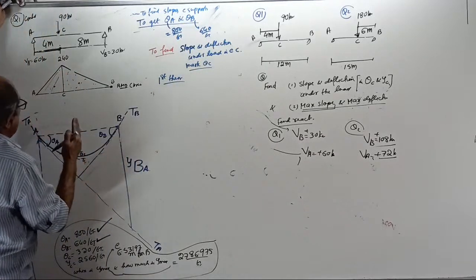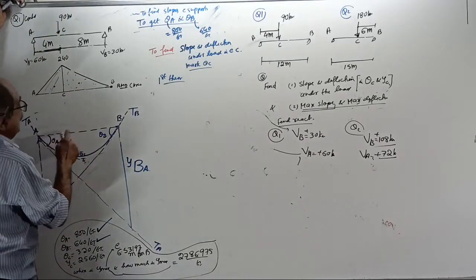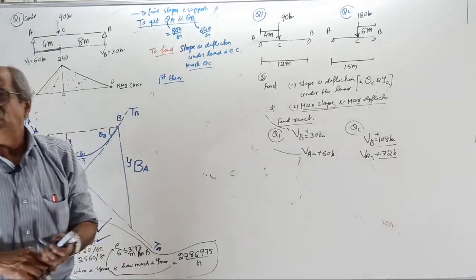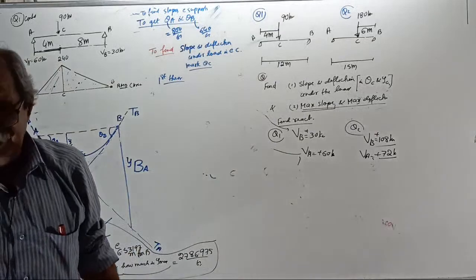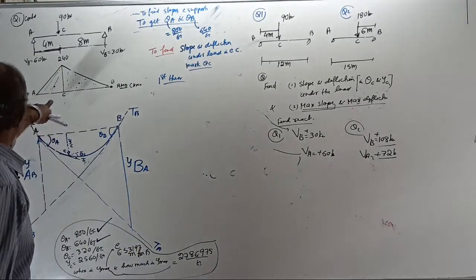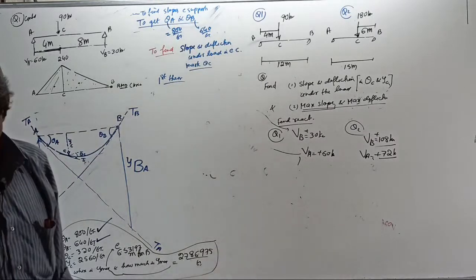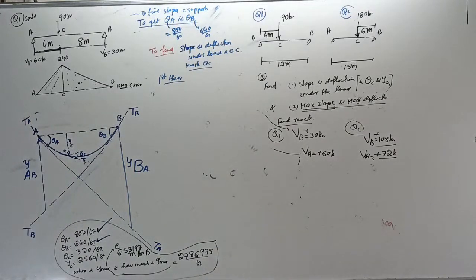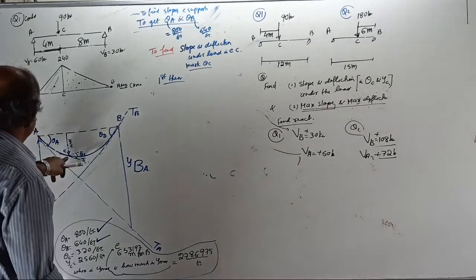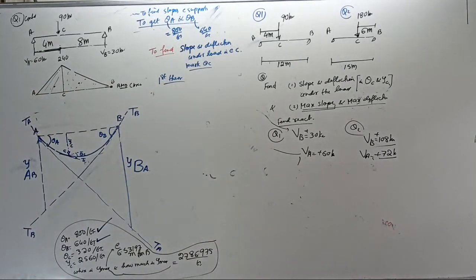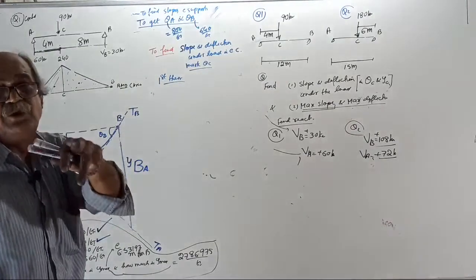Now tell me, from A to C or B to C? Anywhere will do. Tell which is better for you. Point C is somewhere on the elastic curve. See that sketch there. Which side is nearby? From A to C. For the next question, B to C, I will tell you.